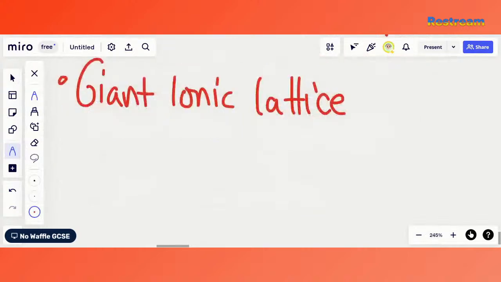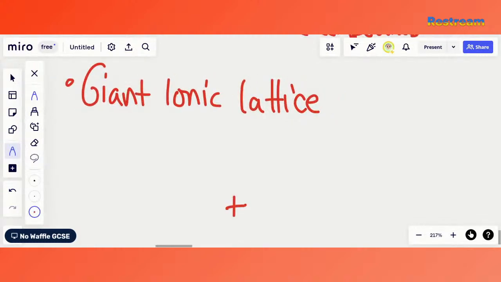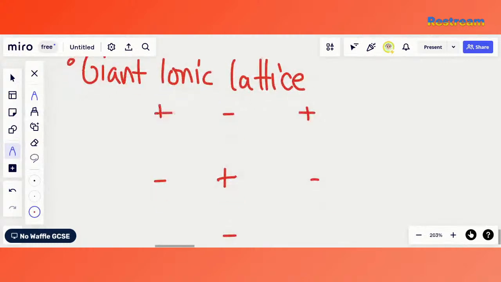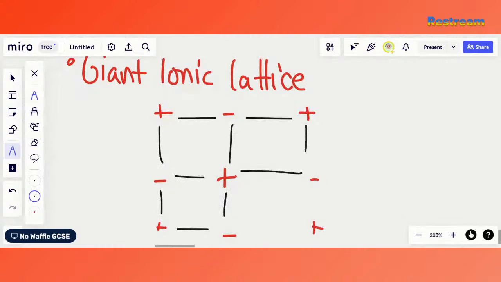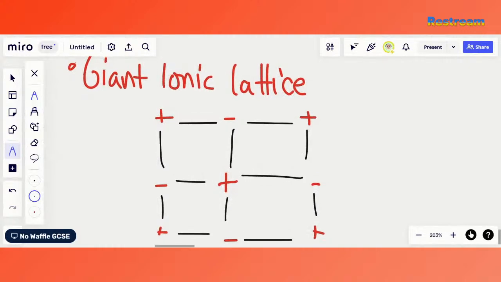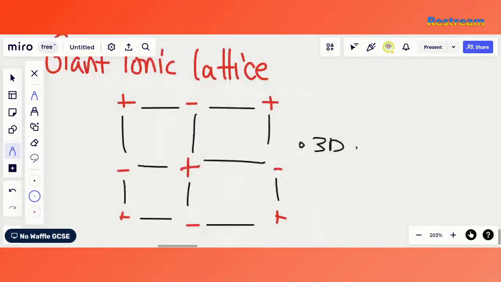For this giant ionic lattice, each positive ion is surrounded by a negative ion. So imagine this sort of formation. We have the bonds in between. You can see how each positive ion is connected to each negative ion. And it then forms a three-dimensional structure.